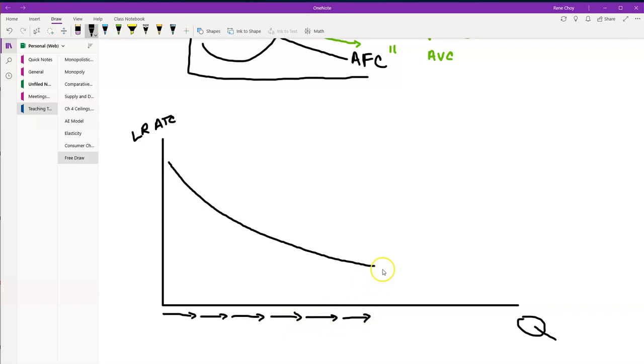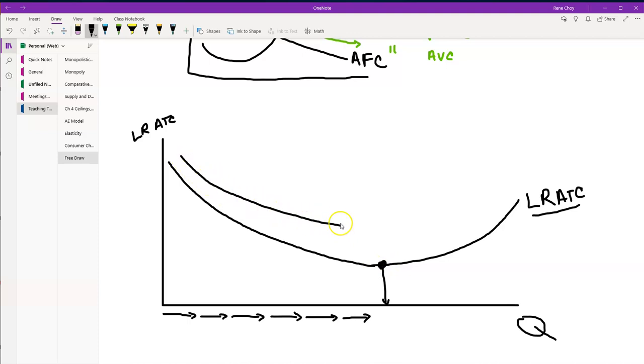At some point, that ends, and then you go into diseconomies of scale. So this is what we call the long run average total cost. Okay, so you experience economies of scale for a really long time, and then you experience diseconomies of scale after that.